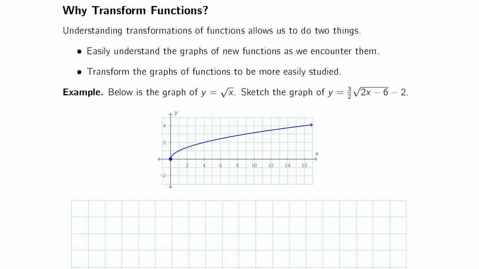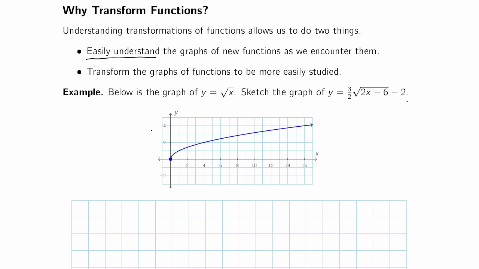The answer is, we spent a lot of time and effort on graphing each new kind of function. And we haven't even graphed all of the kinds of functions that we met in this class. As we meet new and more complex functions, we want to be able to understand them easily as soon as we meet them.